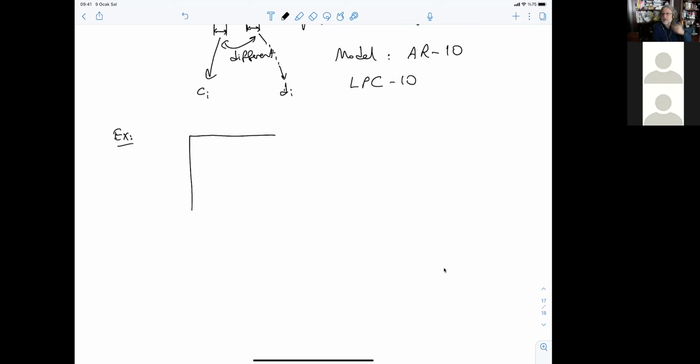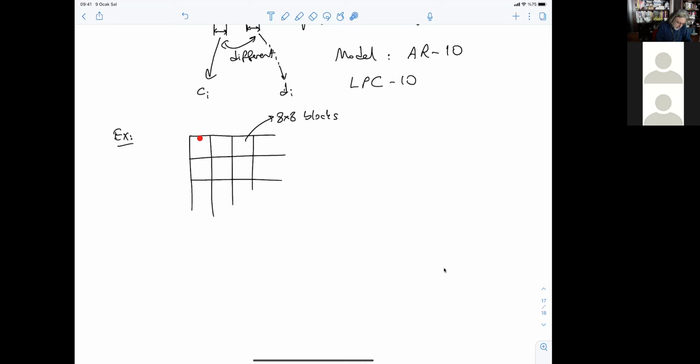For color images, I will try to explain what they usually do. But for grayscale images, they split the image into 8 by 8 blocks. Okay, like this. So these are 8 by 8 blocks.